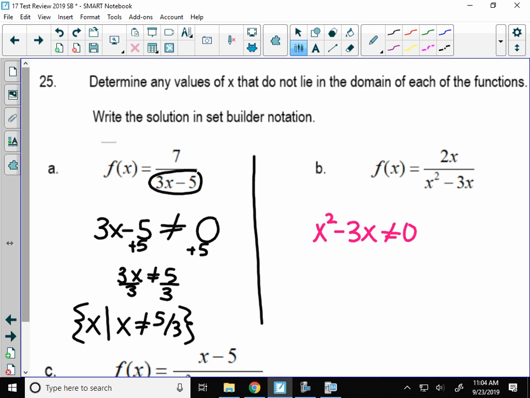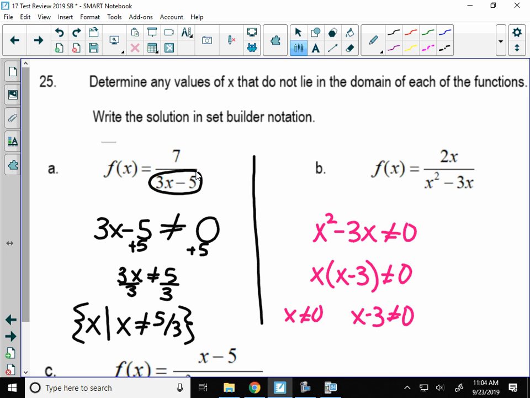What I've said in class is if there's a quadratic or a squared term in our denominator, I have to actually factor the denominator. So we factor that to be x times x minus 3. This is a GCF I just factored out of x. Then I take both of those factors and set them not equal to 0. I'm going to get 2 numbers this time that my x can't be.